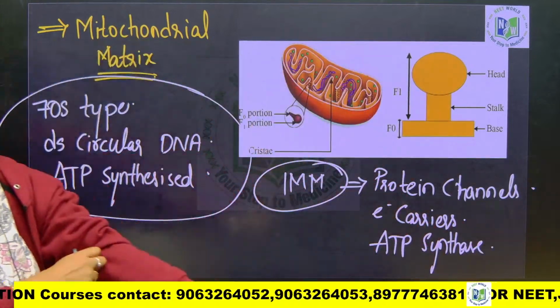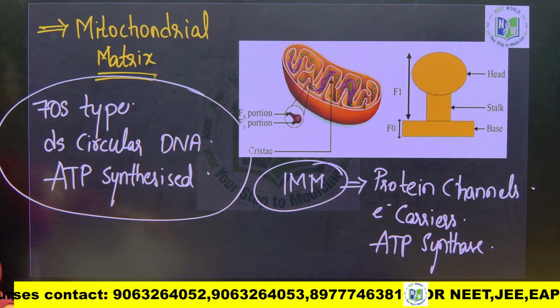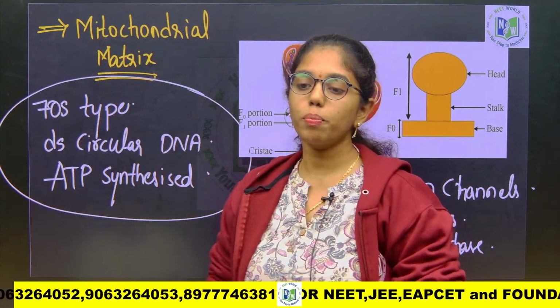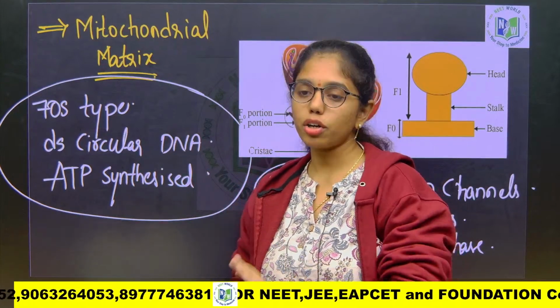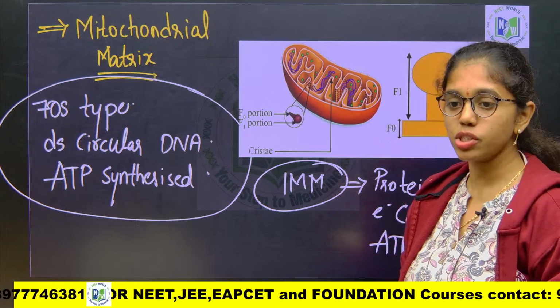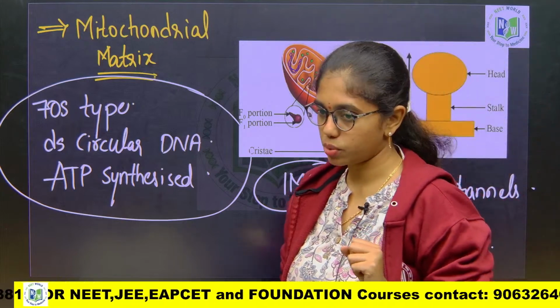There is a popular term where we call mitochondria the powerhouse of the cell and chloroplast the kitchen of the cell. Why is mitochondria called the powerhouse of the cell? Because ATP is being synthesized and it will store the ATP as well.